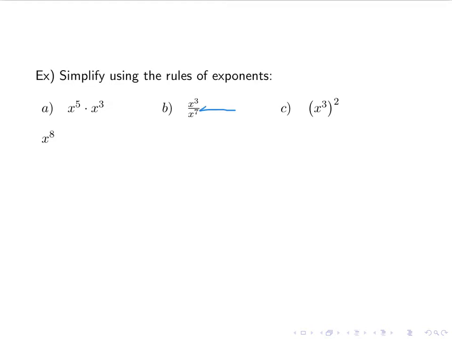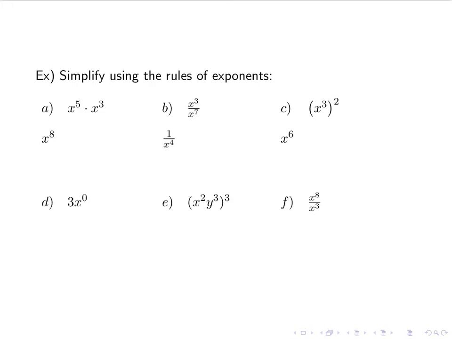The denominator is bigger, so my answer is going to be 1 over x to the, and then subtract. 7 minus 3 is 4. So I have 1 over x to the 4th. The next one, I have x cubed to a power, so that means I am going to multiply it together. And that's going to give me x to the 6th.